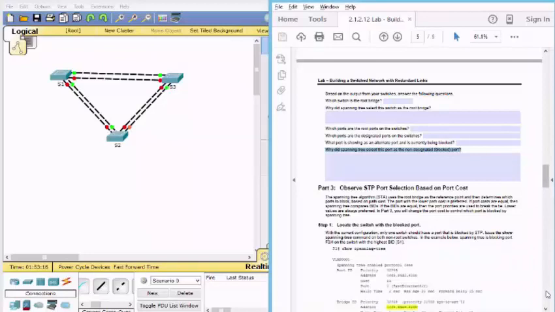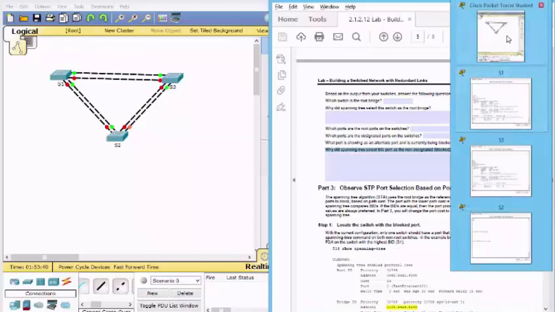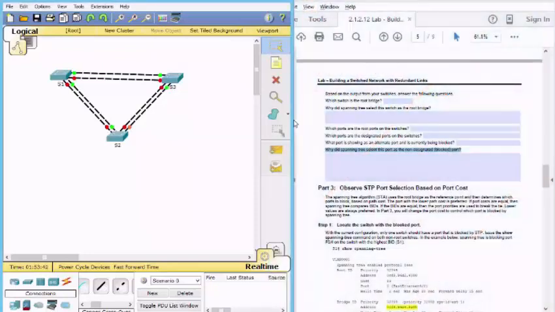If the path costs are equal, it then compares the BID, or bridge ID. Lowest numbers are preferred. The link between switch 2 and switch 3 has the highest cost to the root bridge.